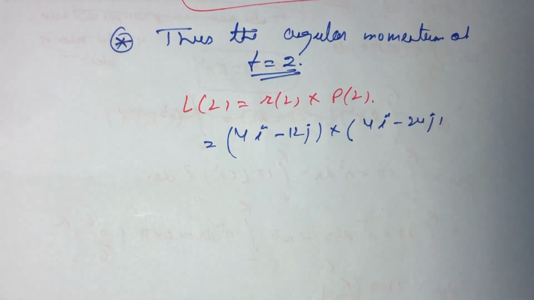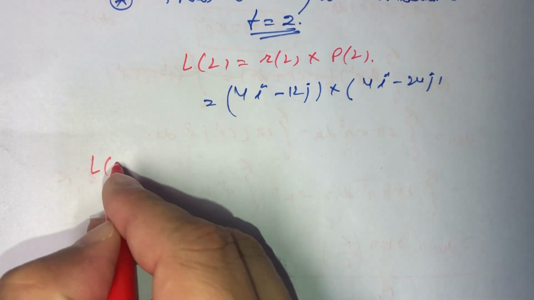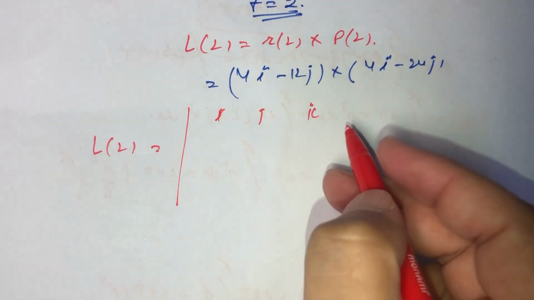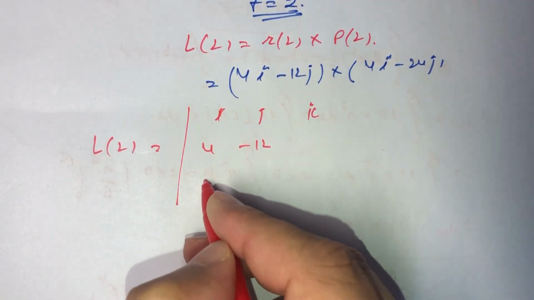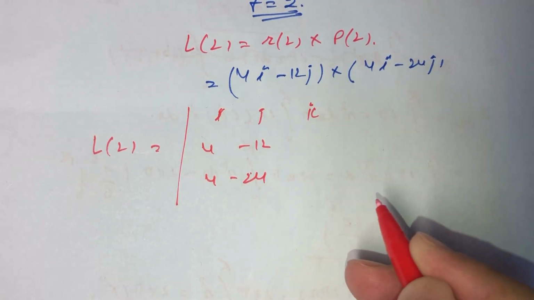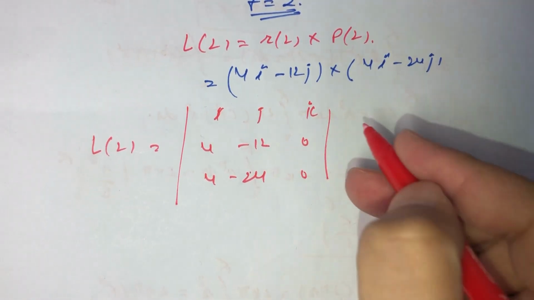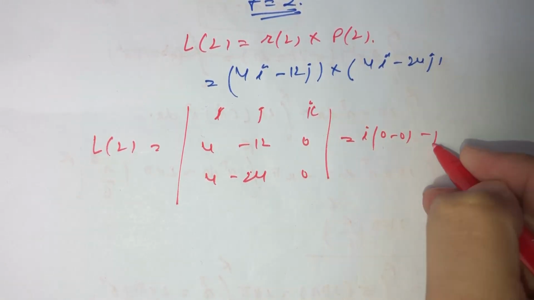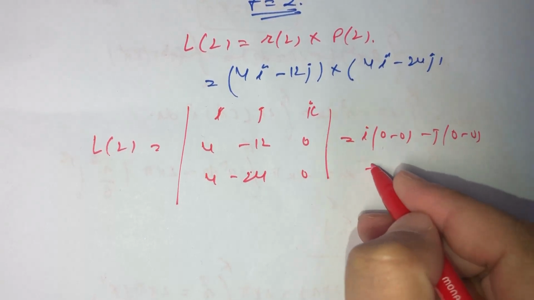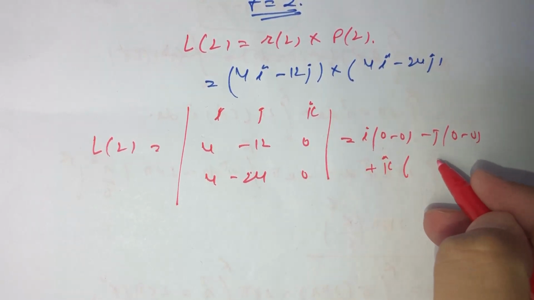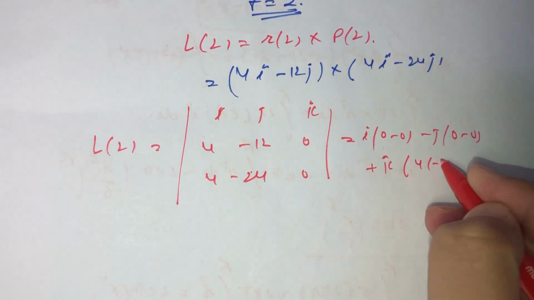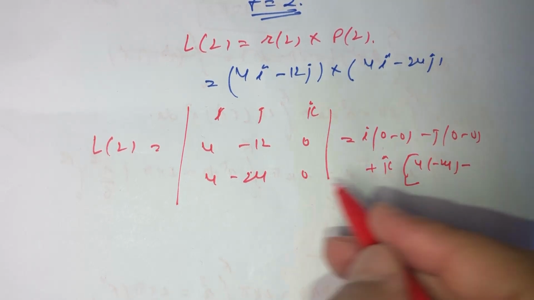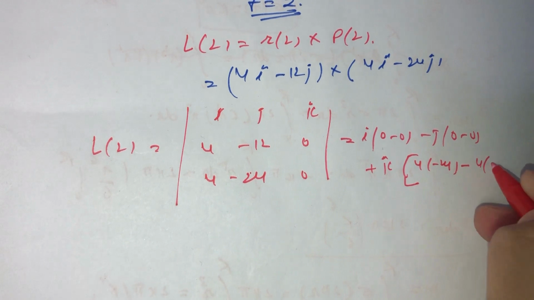Therefore, for the cross product, L at 2 will be equal to the determinant with i, j and k, and we have 4, minus 12 and 4, minus 24. The i and j components will be 0, so it will be i into 0 minus 0, minus j into 0 minus 0, plus k unit vector into 4 into minus 24 minus 4 into minus 12.